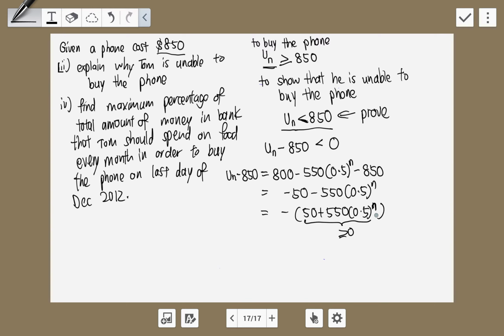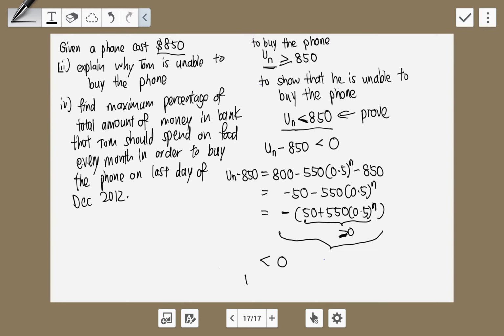And I know that n is a positive number because n is the number of months after December 2011. It could not be a negative number, and so this will always be a positive number. Since this will always be a positive number, multiplying to a negative, that means this will always be smaller than 0. And it could not be 0 because there's a 50 over here. So this whole thing must be smaller than 0.